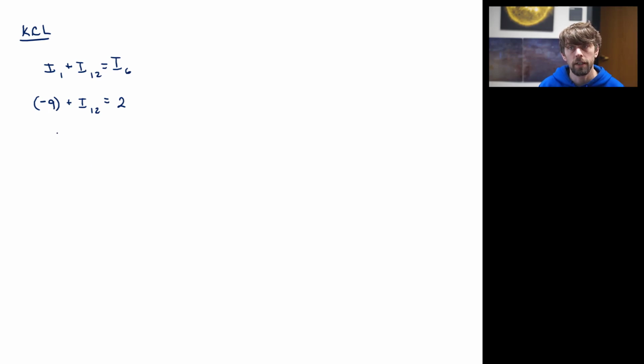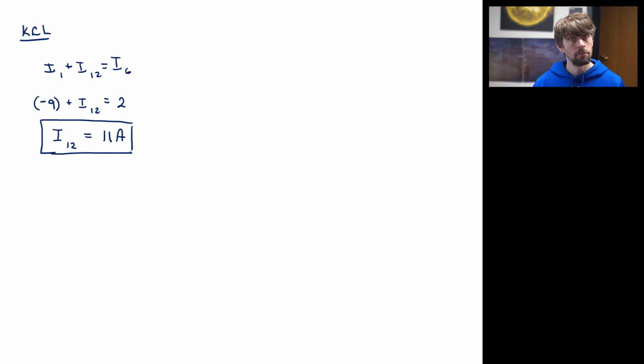And so at the end of the day, we find that the current coming from the 12-volt battery must be 11 amps. Again, notice the presence of the positive sign. And we're done. We have officially solved the circuit for everything that's needed.